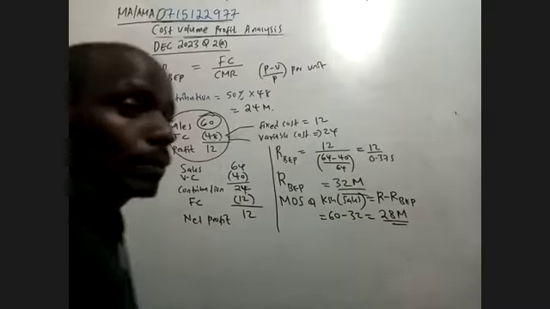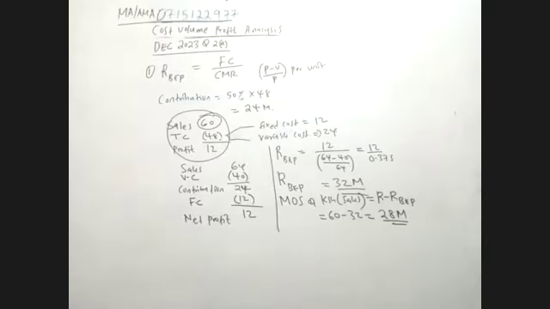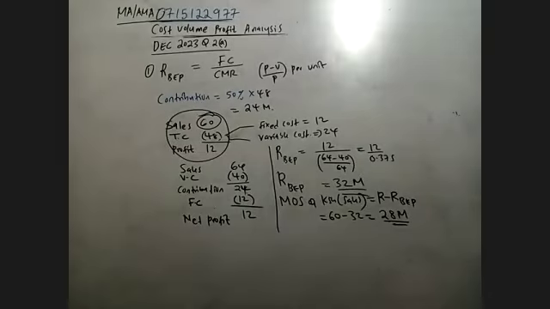Now we meet tomorrow. Any question? Now for part B, question number 2, part B, we shall do it when we are doing marginal costing decision. So that one, that's up to here.